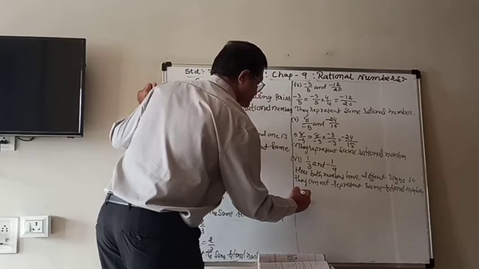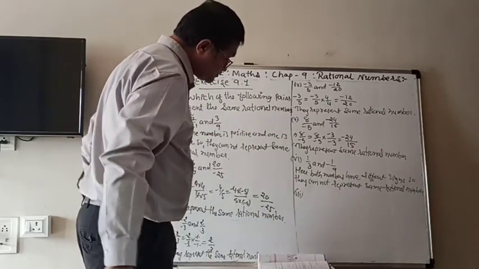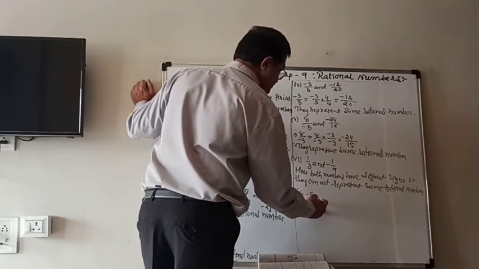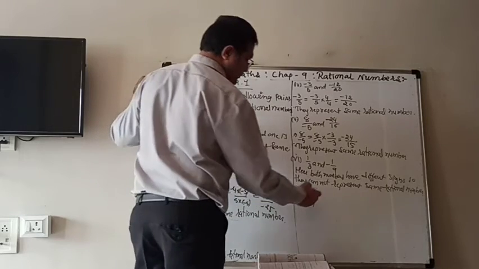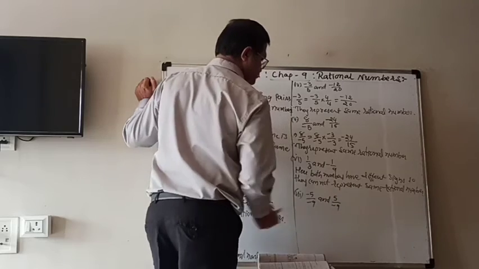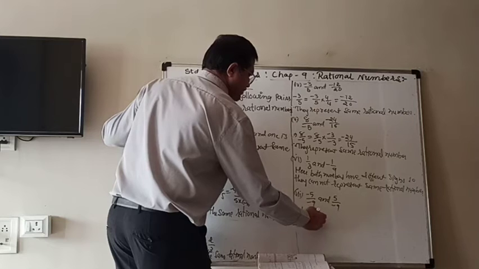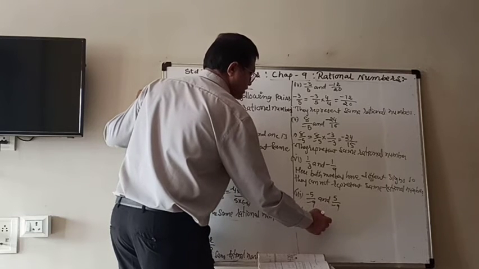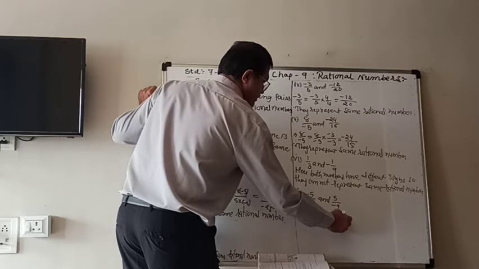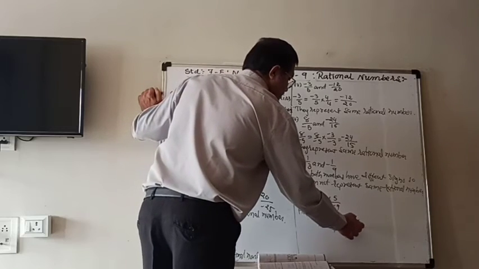And last one. What is the pair in the last? Minus 5 upon minus 9 and 5 upon minus 9. So here minus 5 upon minus 9 is equal to minus 5 upon minus 9 multiplied by minus 1 upon minus 1, then you get 5 upon 9.